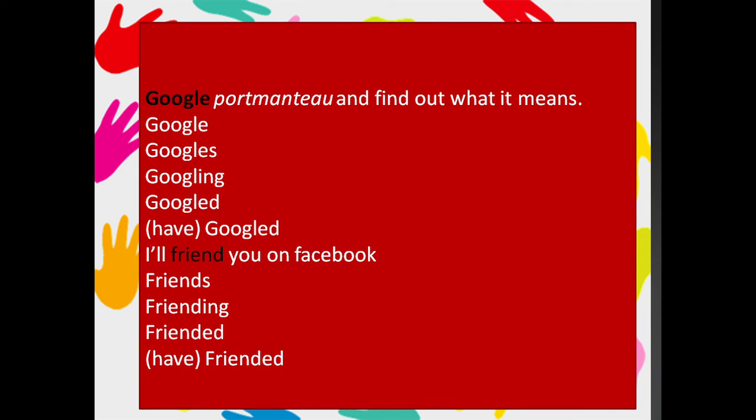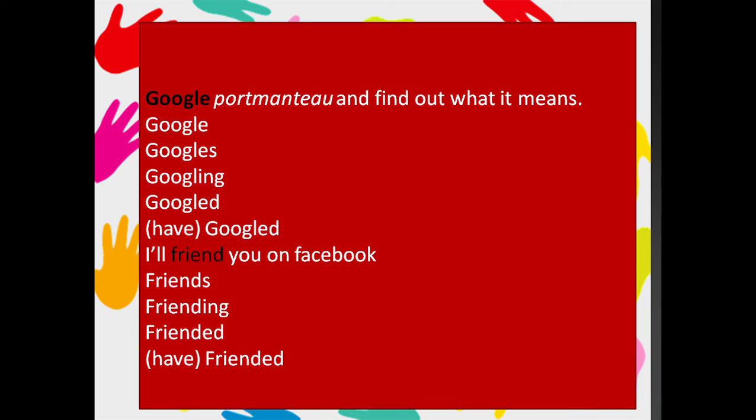Let us learn some of the new entries into the dictionary, the new verbs. Though Google is a proper noun, it is also used as a verb. For example, Google the portmanteau and find out what it means.